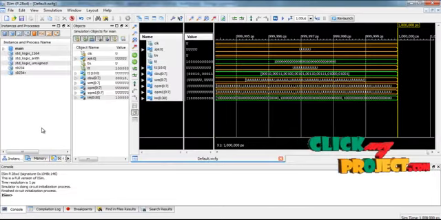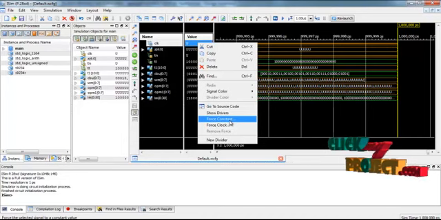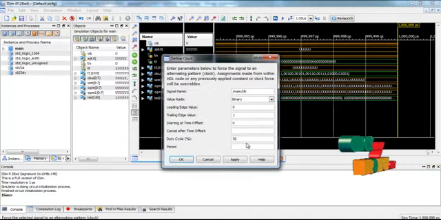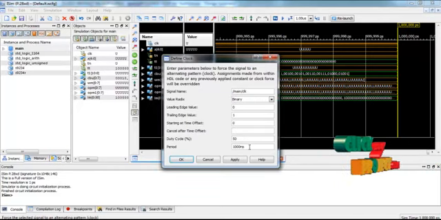Just open the ISim project files, then apply the data files for our overall architecture, then apply the force clock functions for 0 and 1 with a 1000 nanosecond period for the overall architecture.